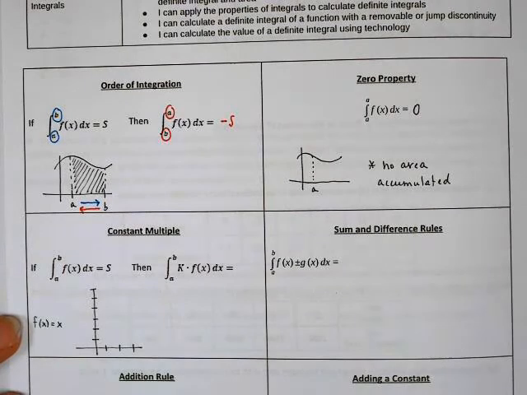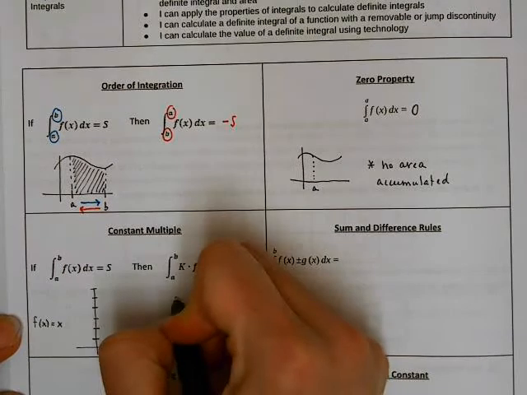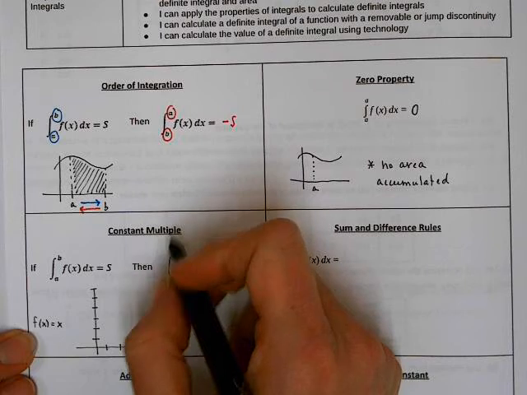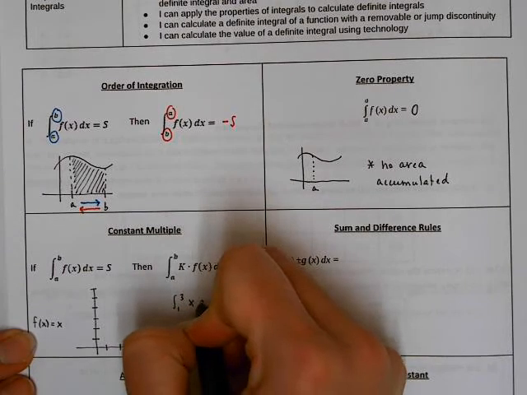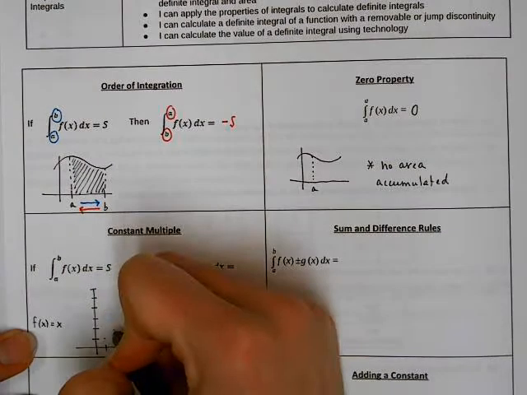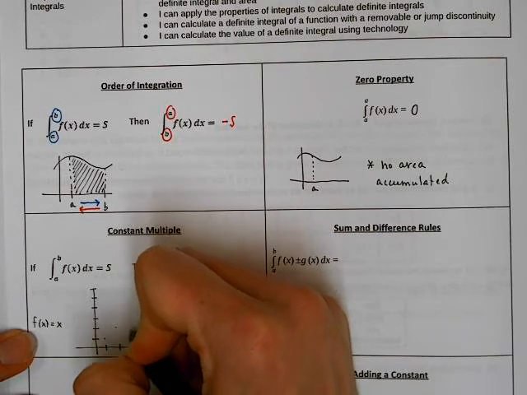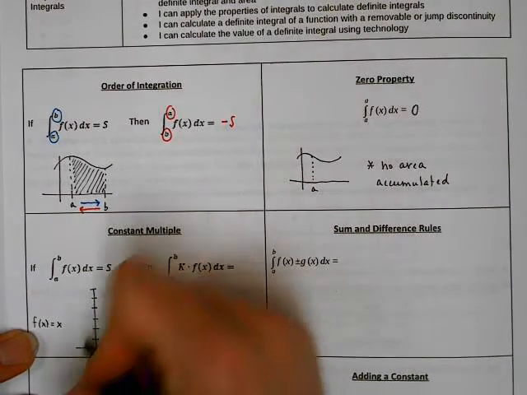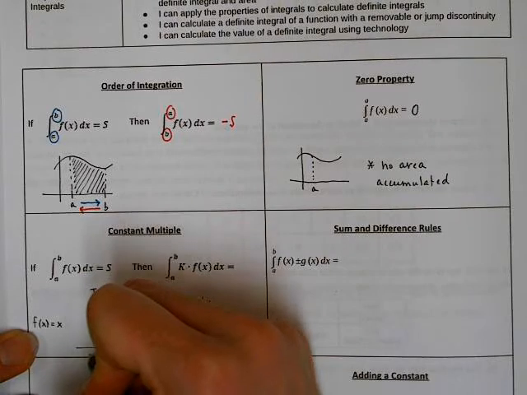Let's consider the integral from 1 to 3 of f of x dx, so x dx. I know the graph of f of x equals x looks like this, so it's a line.